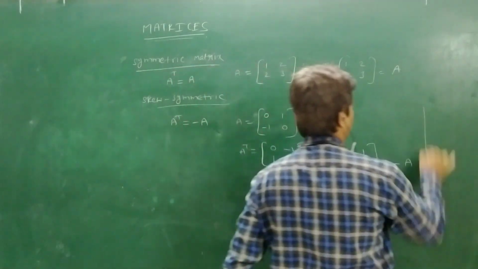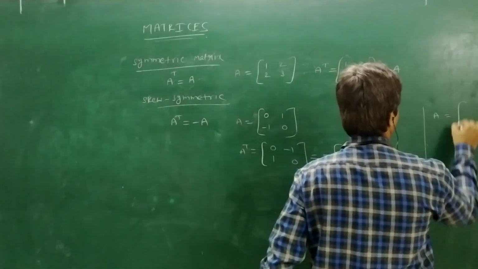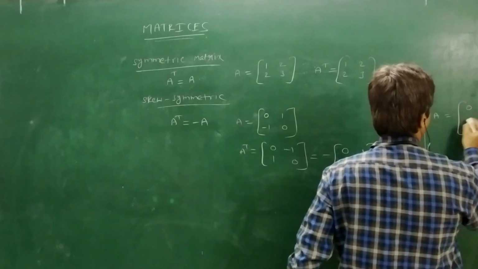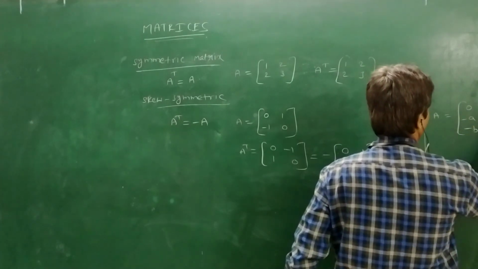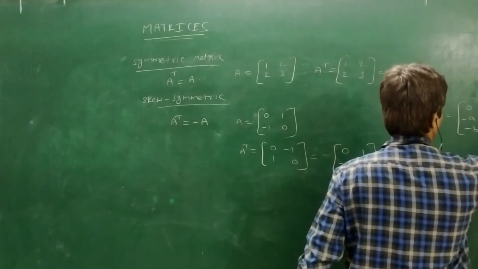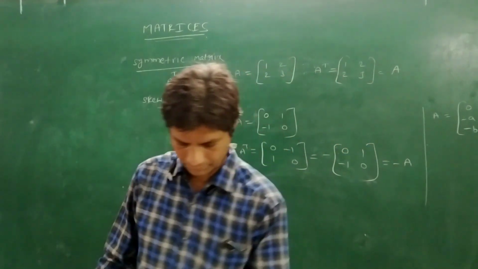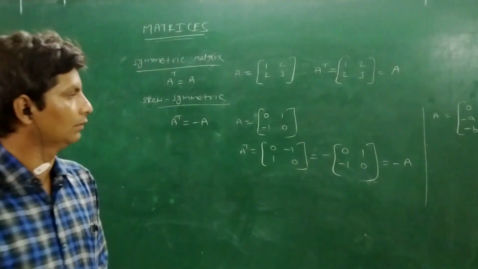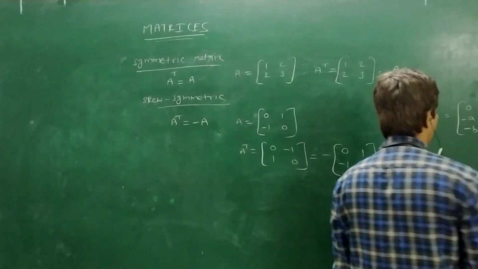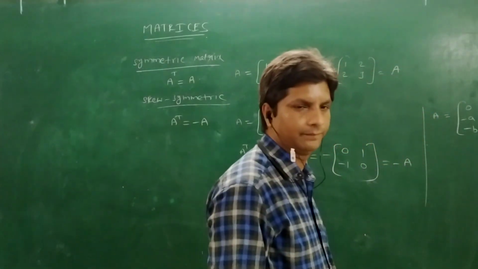Another example also we can write. I am taking a matrix like this: 0, A, B, minus A, 0, C, minus B, minus C, 0.